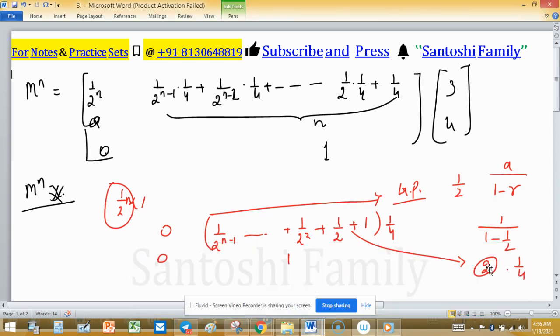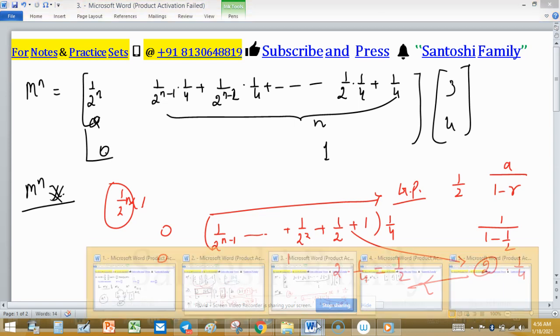You can check here, this is 2 into 1 upon 4, so the product will be half.